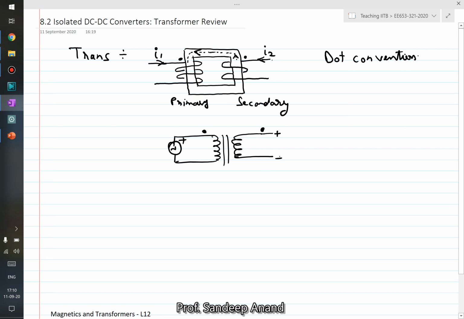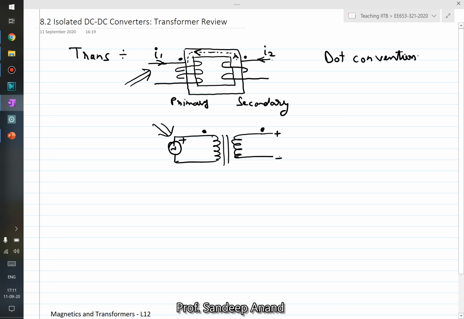So why is that? When we apply a positive polarity to the dot, then on the other side also the dot becomes positive. If we apply a negative polarity towards the dot, the other side dot also becomes negative. So from a current dot convention, which was based on the current, how does it convert to the voltage?